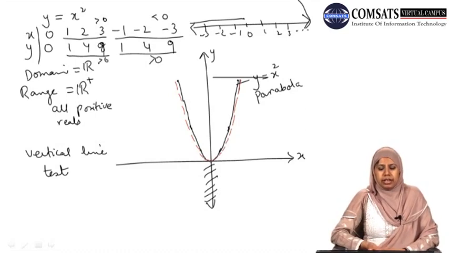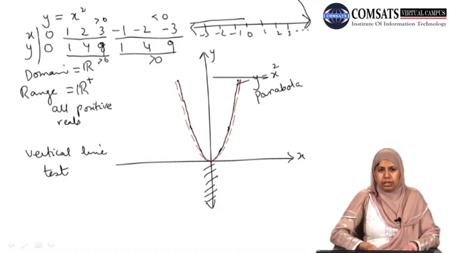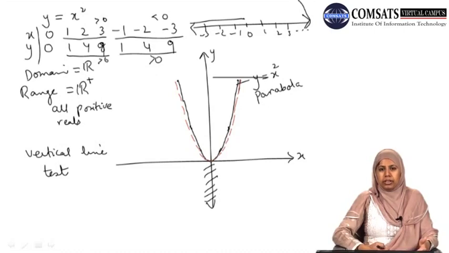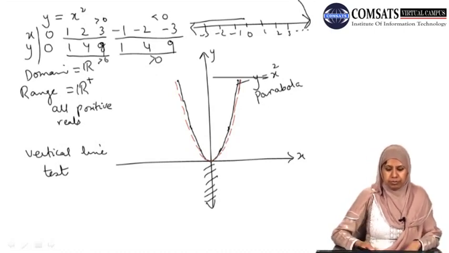The test says that if a vertical line passes the graph only at one point, then the given graph is a graph of a function, and if the vertical line passes the graph at more than one point, then the given graph is only the graph of some rule.